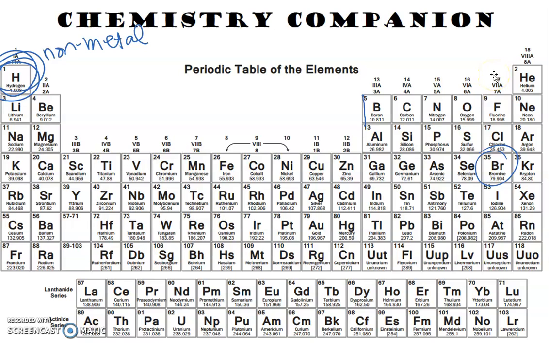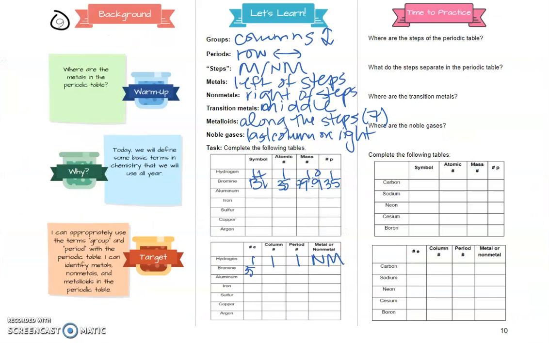Now, rows, or period numbers, this is row 1, even though it's just hydrogen, helium. Row 2, row 3, so it's row 4. But we keep going here, we have column 7 or 17, I would accept either one, and then the period is 4. It's to the right of the steps, that makes it a non-metal.